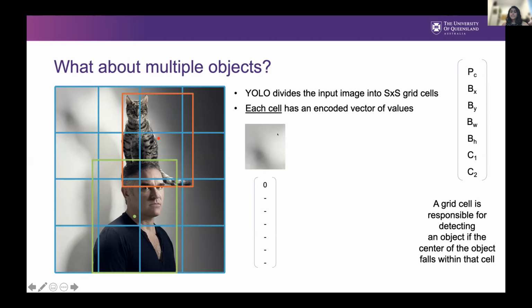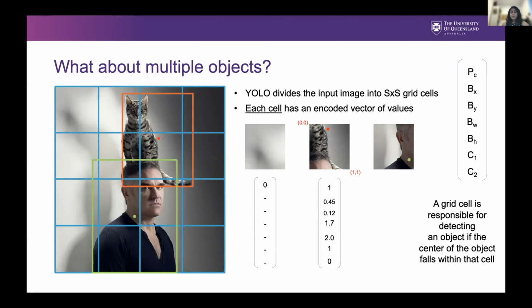For an example, if we consider this particular grid cell from the top corner of the image, that's empty, right? There's nothing in it. So that's not going to encode any of the numbers for its array. This particular cell has the center of the cat in it, so it will have some numbers with respect to the corners of that particular grid cell. And this has the center of that person. These are dummy centers that I just put to explain this.